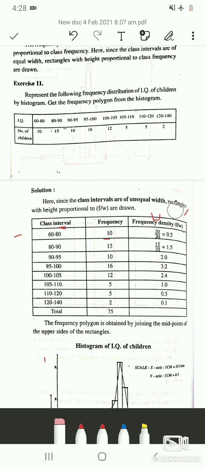Similarly, find frequency density for all the class intervals. For the next class interval, the width is 10, therefore the frequency density will be 15 by 10, which is 1.5. Here the width is 5, therefore it is 10 divided by 5, which is 2. Similarly, find frequency densities for all the class intervals.